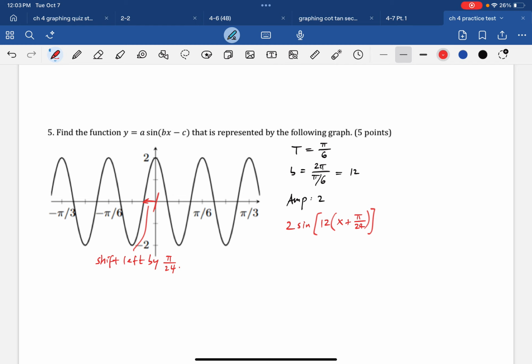Now it's extremely important to have these parentheses. So the answer is going to be 2 sine 12x plus pi over 2.